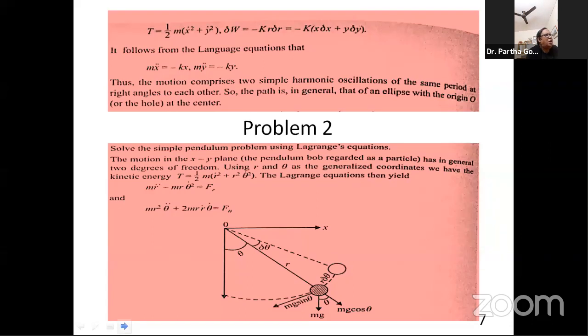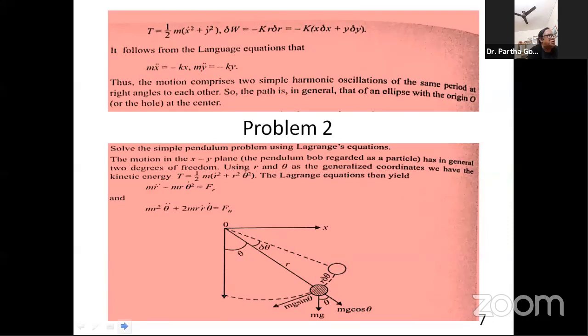Why? Because in a two-dimensional situation r is xi plus yj, and delta r is delta x i plus delta y j. So upon taking the dot product, you get x dx plus y dy.